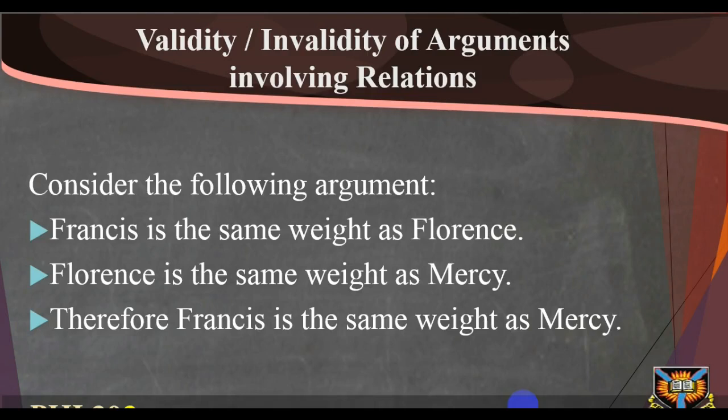Consider, however, this other argument. Adebanjo is taller than Sahid. Therefore, Sahid is taller than Adebanjo. In this second argument, the relational term taller than is asymmetrical.